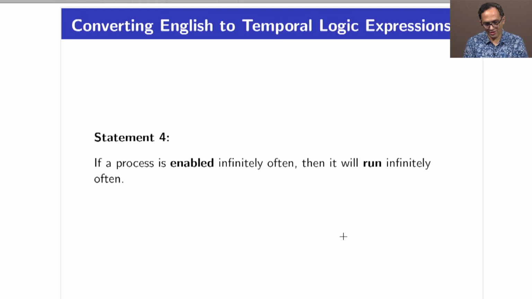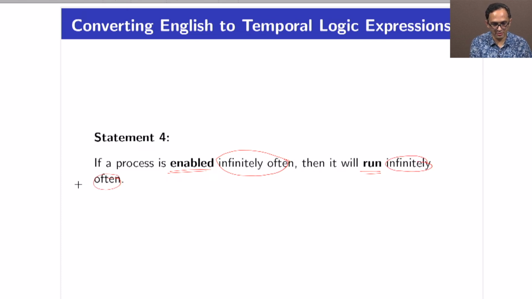This is more or less easier now given the other things you have done. What I am saying here: if a process is enabled infinitely often, then it will run infinitely often. So again there are two propositions, run and enable, and there is infinitely often, which I have already encoded.